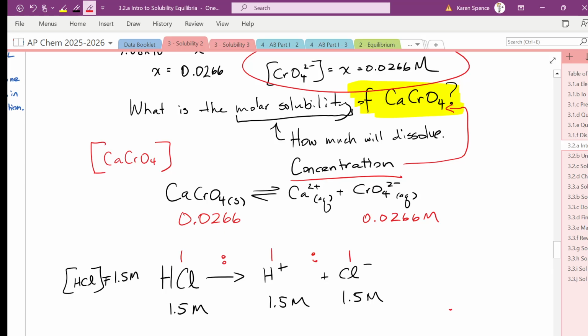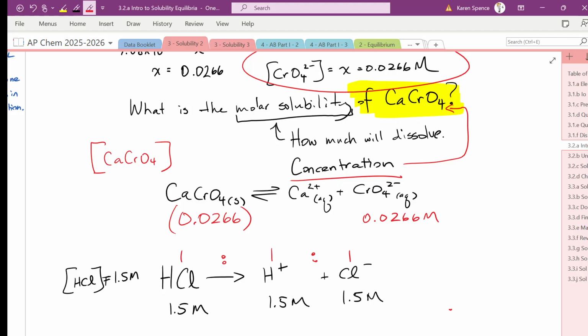So we're good? Now, often what I'll do is put this in brackets here because can you have a concentration of a solid? No. So when I'm writing it under the solid, I say that. But if I were to make this solution, I would not walk around and say the concentration of the calcium and the chromate is 0.0266 and the concentration of calcium chromate together is 0.